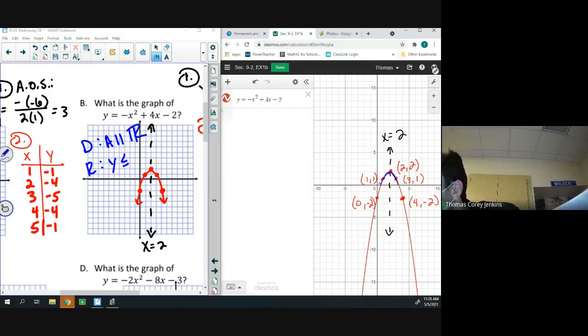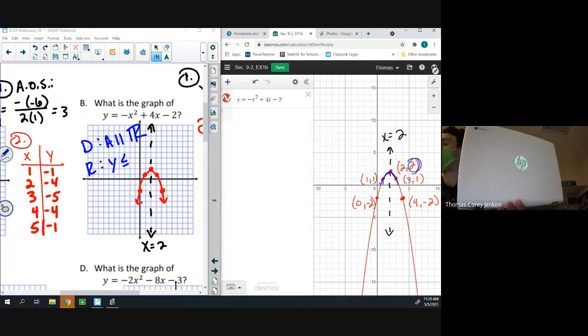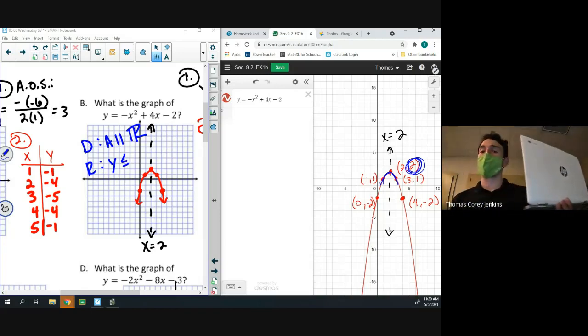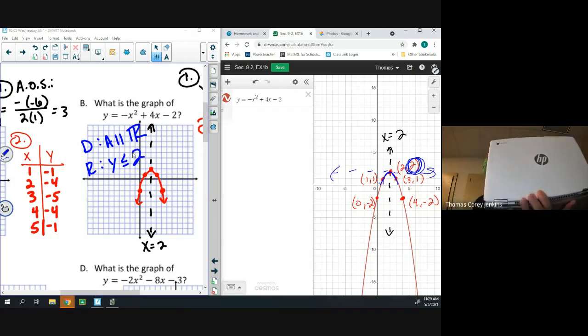So it goes above 0. So what's my upper limit then? You know what it is, Grant? It's 2. That's right. So your maximum value or minimum value is always going to have to do with the vertex, right? So y is less than or equal to positive 2, because in this case, positive 2 is my ceiling. It never goes above that, okay?